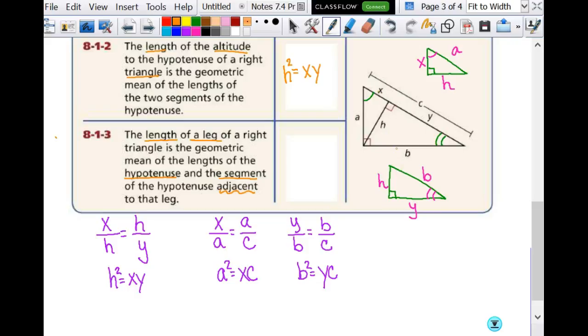So if something is the geometric mean, that means that thing squared. The length of a leg of a right triangle is the geometric mean. That means a squared has to equal something, and b squared has to equal something. a squared equals the piece that's attached to it times the whole thing, that's x times c. b squared is the piece that's attached to it times the whole thing, that's y times c.